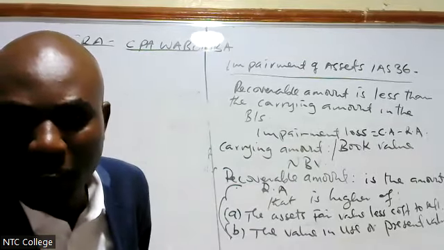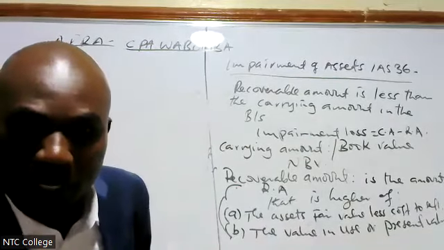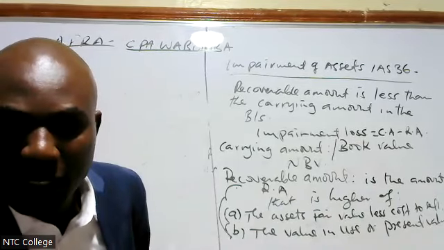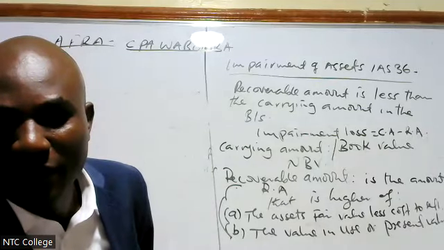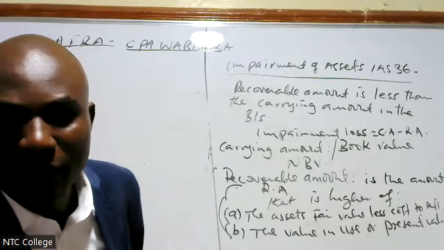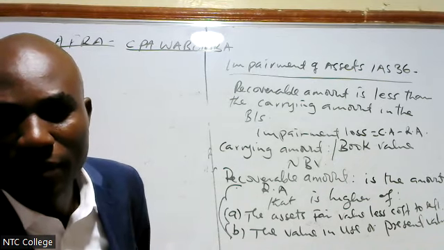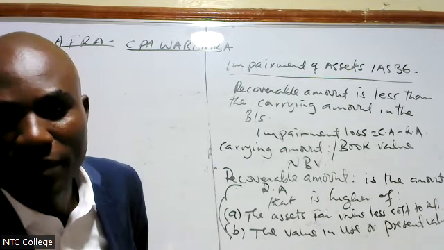Please explain for me the following, the value in use. Yes, the value in use and the present value, because you see the example that you've given, the fair value of 200 million, then the present value of the asset 300 million.